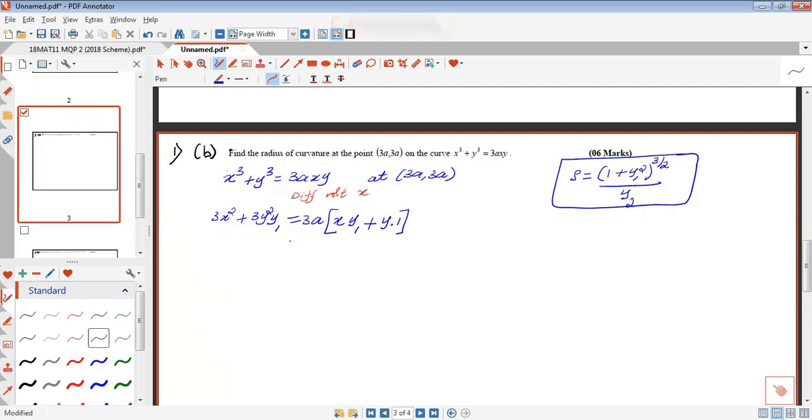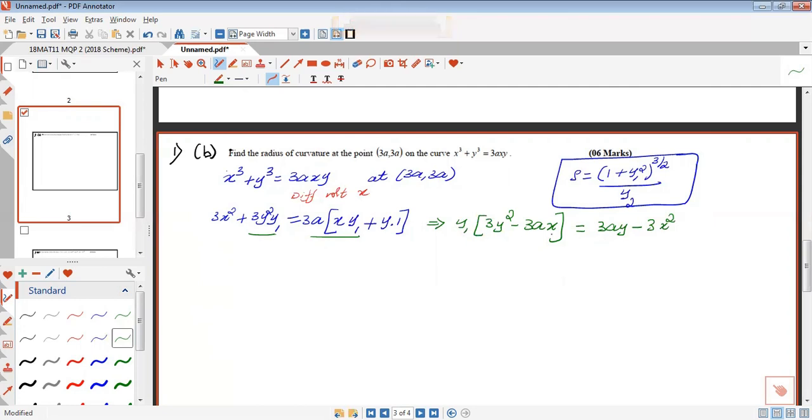Or y1 is common in these two terms. Let's take y1 out. Remaining term is 3y square minus 3ax, right, is equal to, right hand side remaining term is 3ay minus 3x square. Left hand side term becomes minus 3x square.